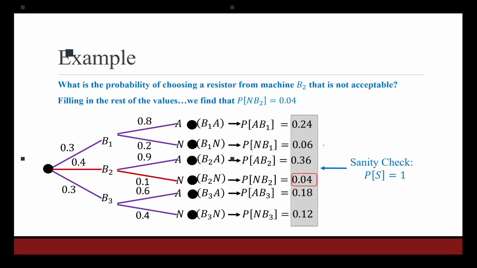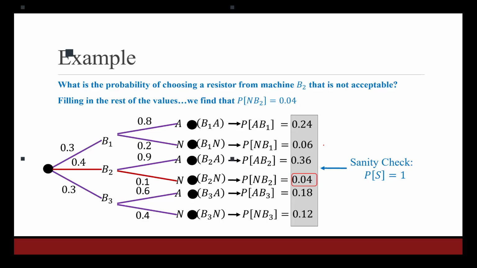So maybe the probability of choosing a B1 product is 0.3, B2 is 0.4, and B3 is 0.3. You can assume that B2 makes more resistors, so there is more chance that when you pick randomly in your inventory, it is from B2.